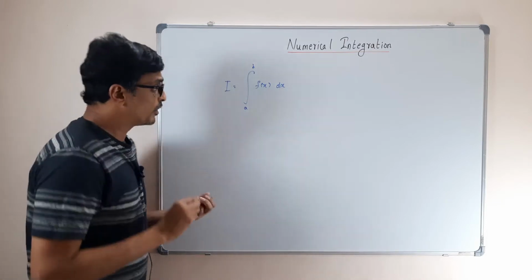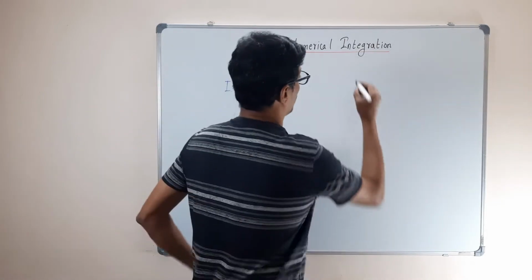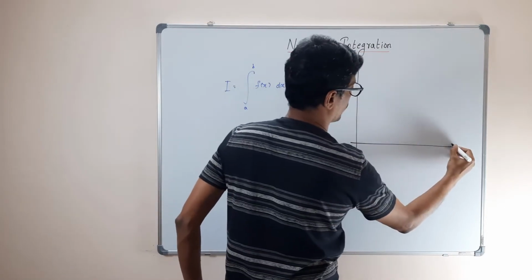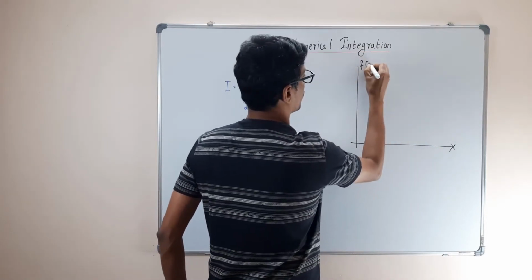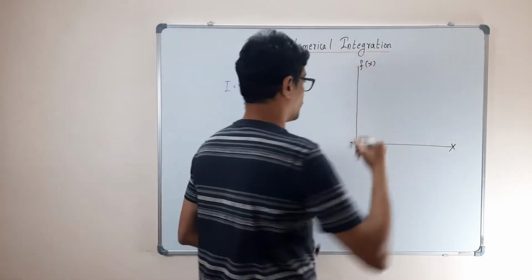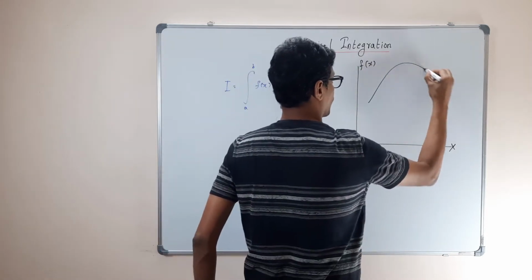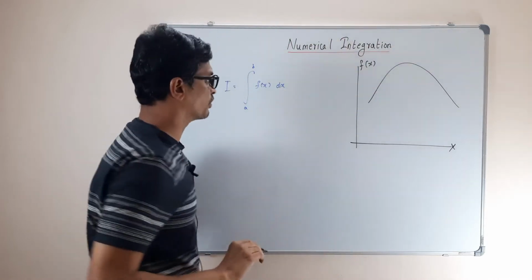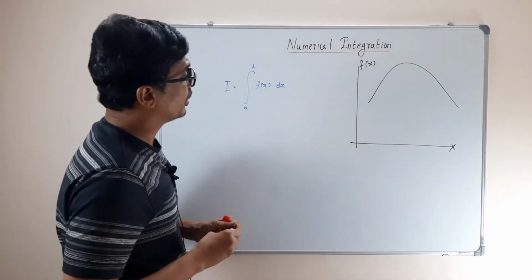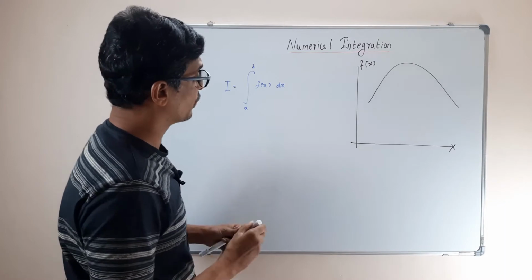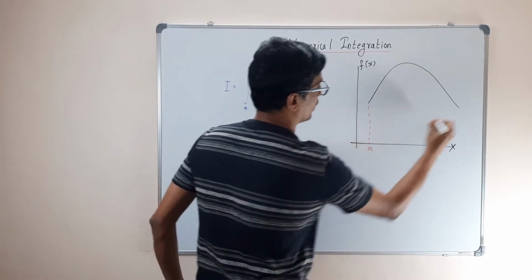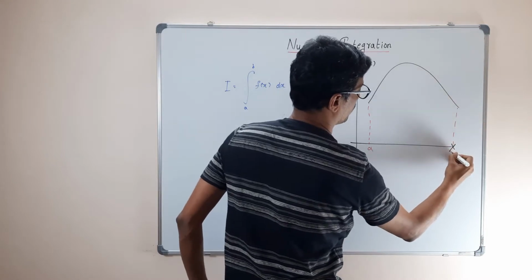Let me try to plot that function. This is x, and this is f of x, and let the function be something like this, say any oscillatory function. This is a and this is b.